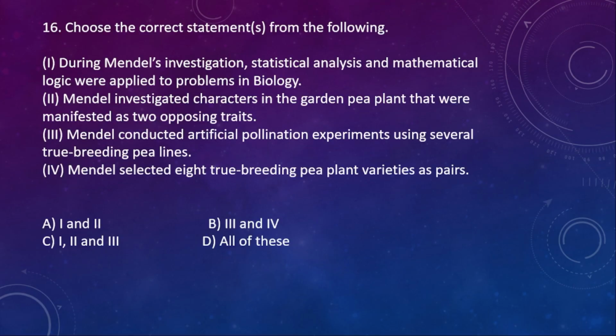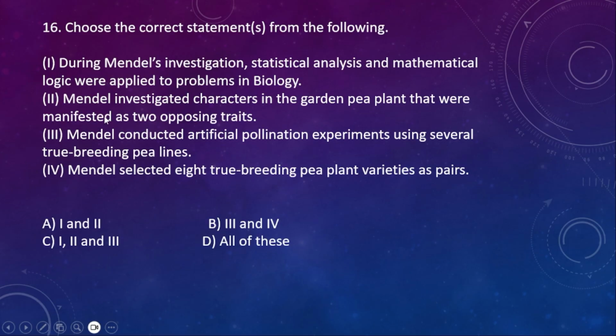Next question, that is question number 16. Choose the correct statement from the following. The first one: during Mendel's investigation, statistical analysis and mathematical logic were applied to the problems in biology. Yes, of course it is true.